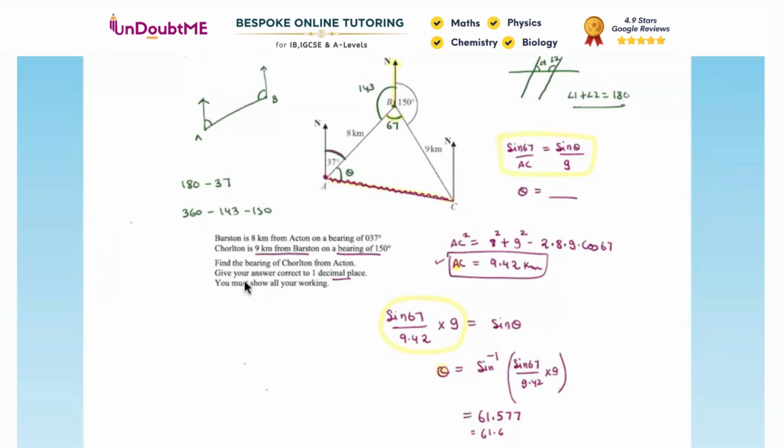So the final answer is, they're asking the bearing of Colton from Acton. So this whole thing will be the answer and it will be 37 plus 61.6. Just add it. This will be your answer. So 37 plus 61.6, it is 98.6. They're saying correct up to one decimal place. So this is all fine.